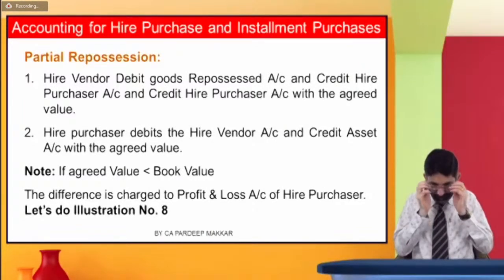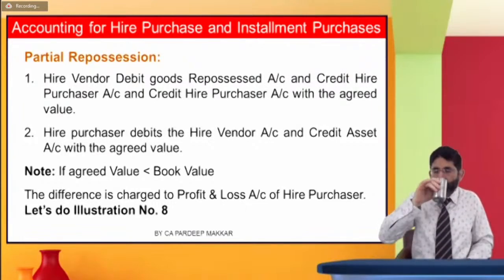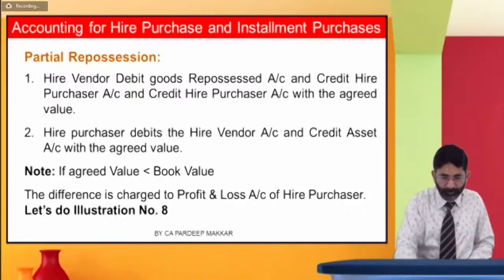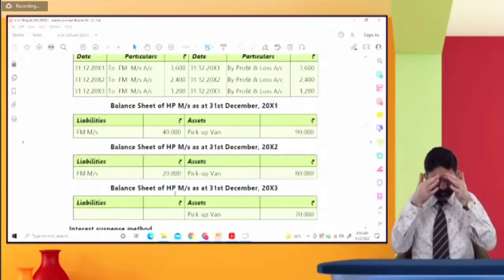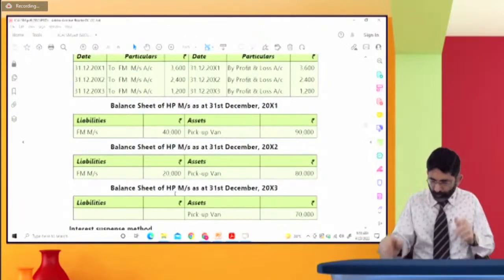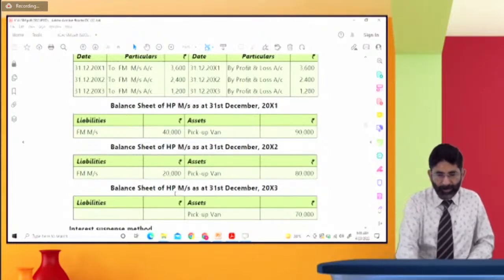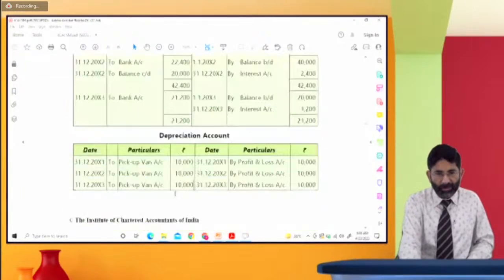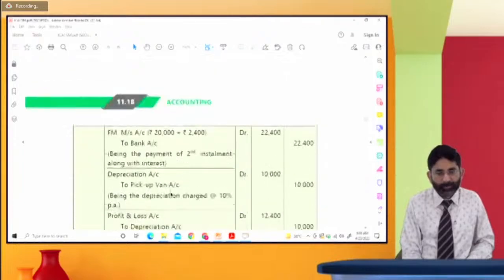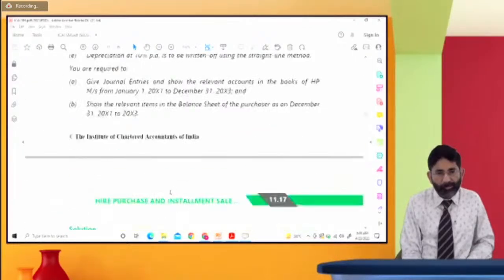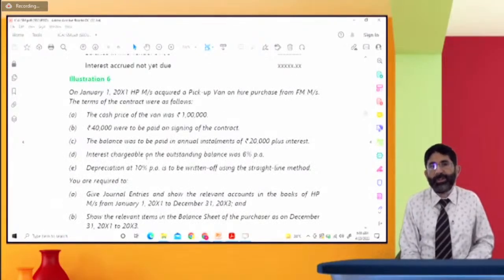Complete repossession. In case of complete repossession, assume in the given question, illustration number 6, what happened? Purchaser HP is unable to make payment of the third installment. Just assume it.